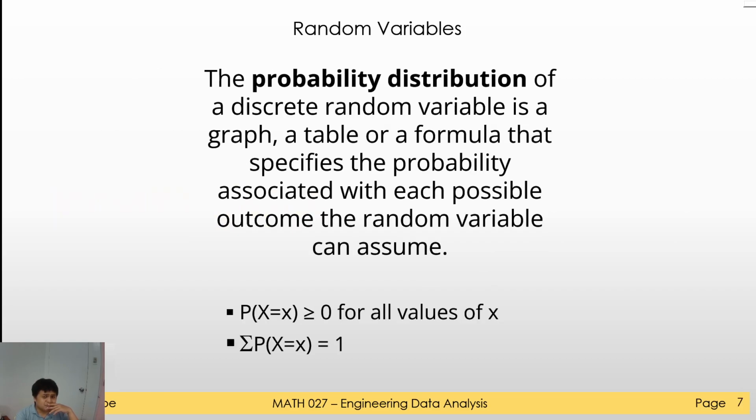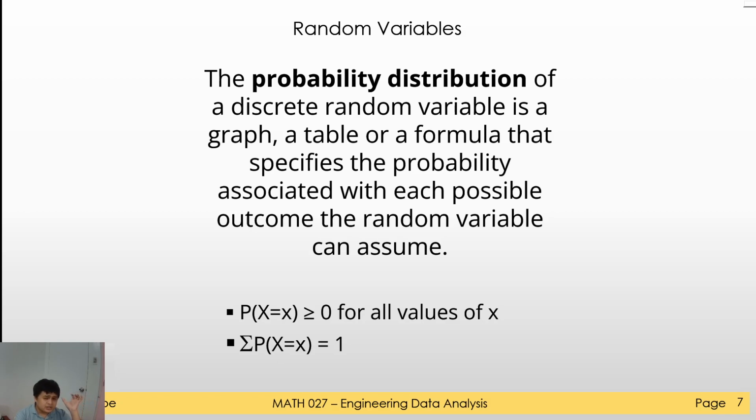Now, let's talk about probability distribution. So the probability distribution of a discrete random variable is usually provided as a histogram, using a graph. And it specifies the probability of each outcome of the random variable. So I'll just show you later what it looks like, but it is generally just a histogram.